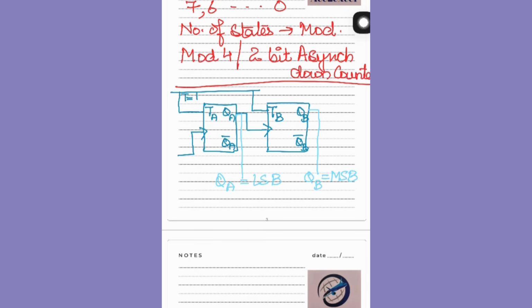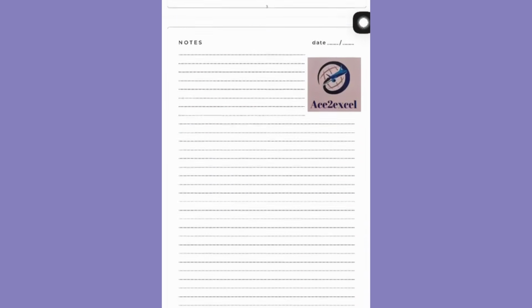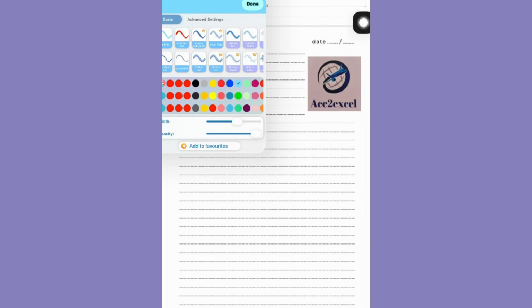Now let's start with the timing diagram, as timing diagram is the most important thing in asynchronous counter. Always prefer drawing 7 to 8 clock pulses, bare minimum, so that you can easily see the output of your circuit. Now type of clock is rising edge. So I am highlighting it on the up side and putting a dotted line at the up side.